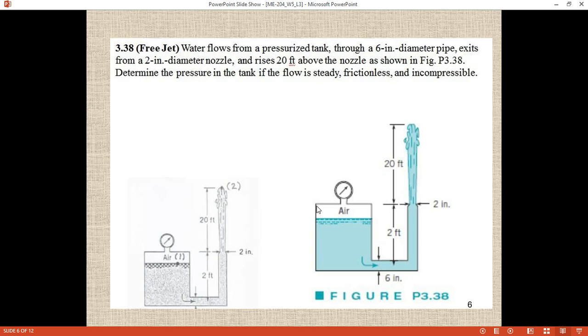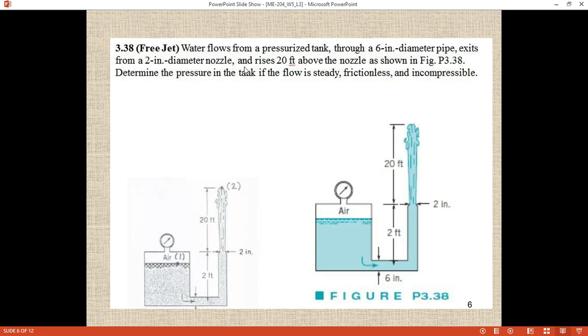This is a pressurized tank, not open to atmosphere. Keep in mind, it is closed from the top, but it is a big reservoir. At the top there is air, and this is the fluid which fills the tank, and this is a 6-inch pipe, and finally there is a nozzle of 2 inches as shown in the figure.